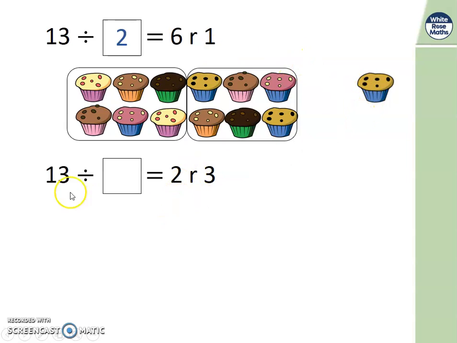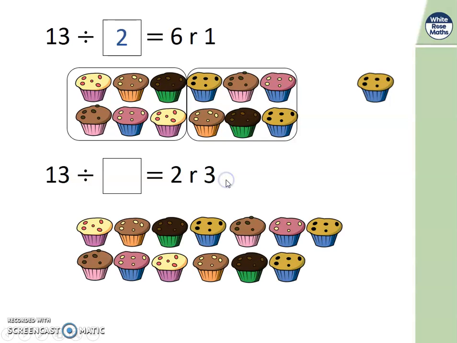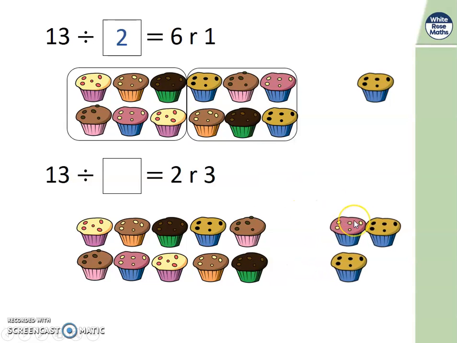You try. 13 divided by a number is 2, remainder 3. First step, draw your 13. How many do I need to put to one side? That's right. Let's move those 3 and push them over to one side. How many this time in each group of the ones that are left?